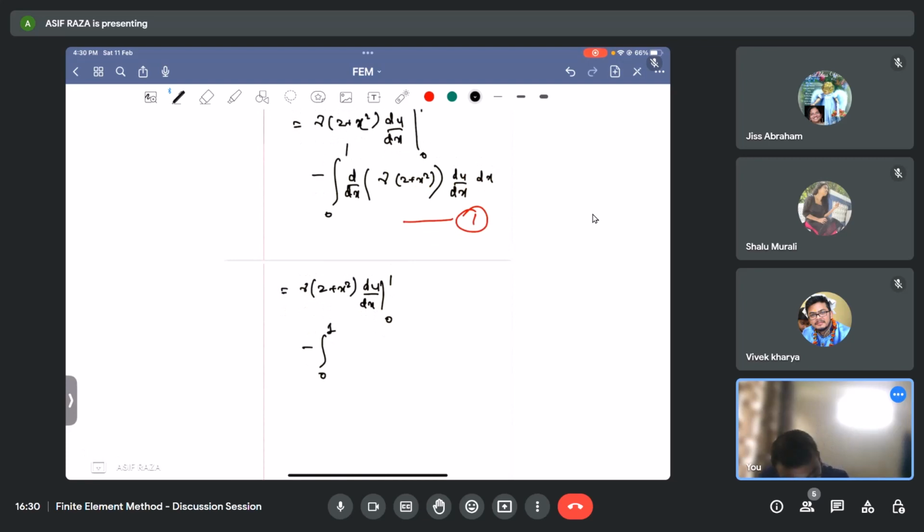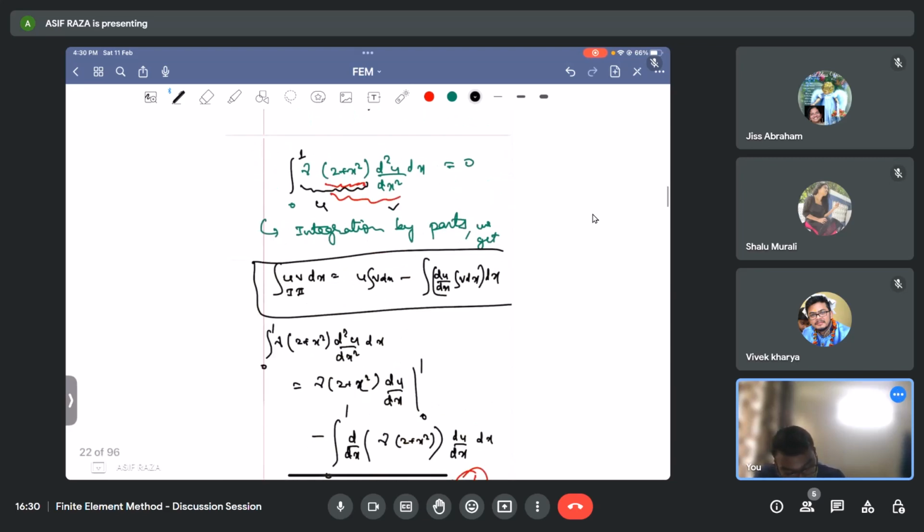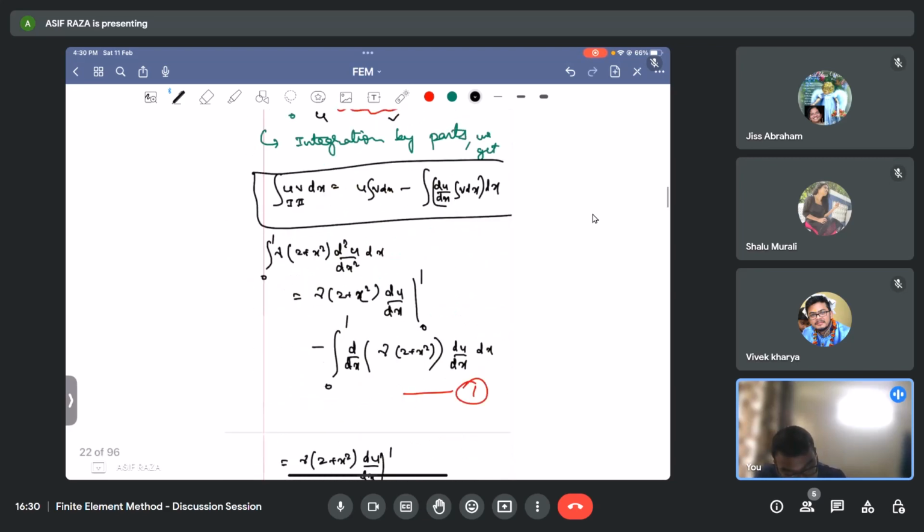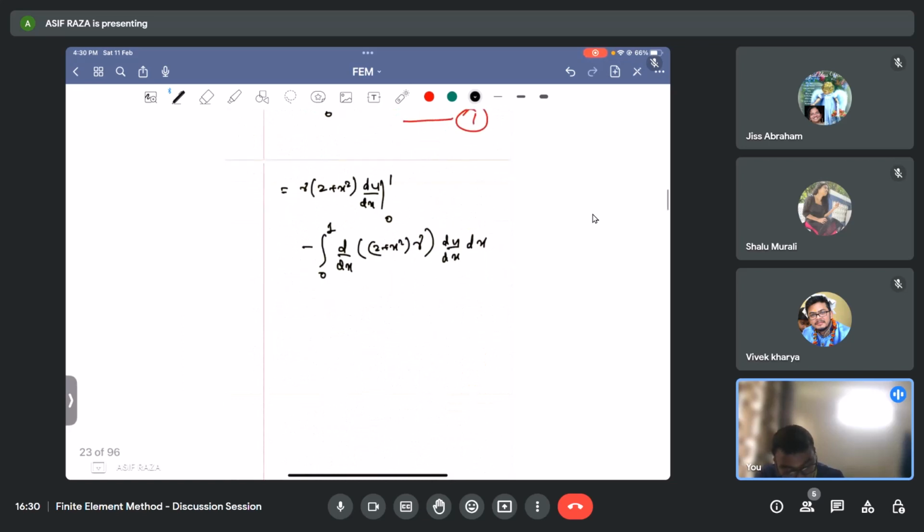Okay, so we have d by dx of gamma, 2 plus x square, gamma du by dx integrated over the domain dx. This is what we have as an integrated sense of this, right?